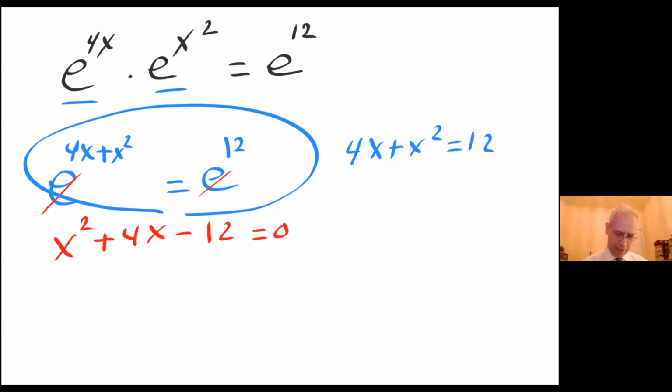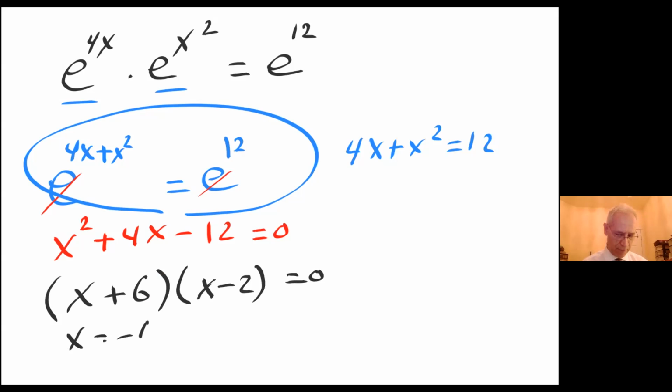And let's factor these to x plus 6 and x minus 2 equals 0, and x equals negative 6, and x equals positive 2. So the solution set for this given problem was negative 6, comma 2.